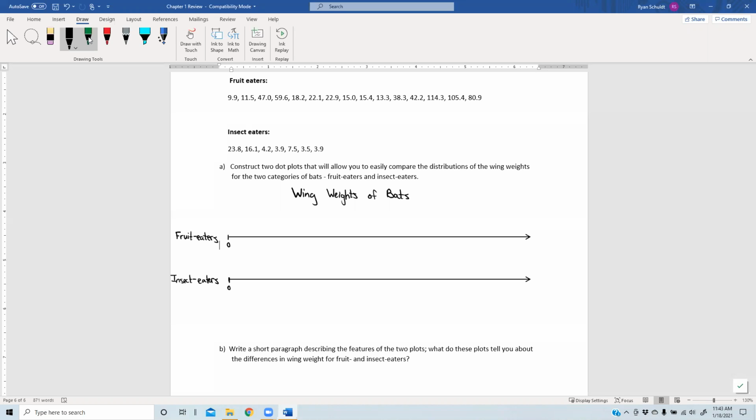So even though insect eaters don't go as high, we need both of our lines to go all the way up to fit that 114 in there. So these are our weights. Wing weights down here.